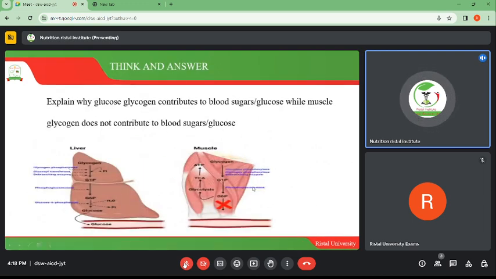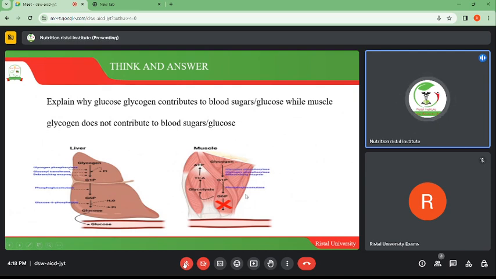Right here is an illustration of everything that you see here. Explain why liver glycogen contributes to blood sugar, while muscle glycogen does not contribute to blood sugar or glucose.